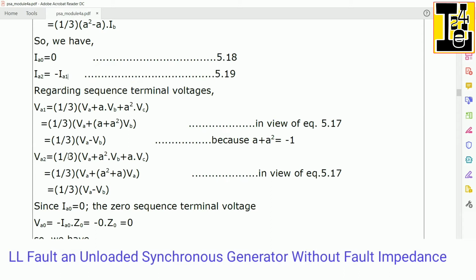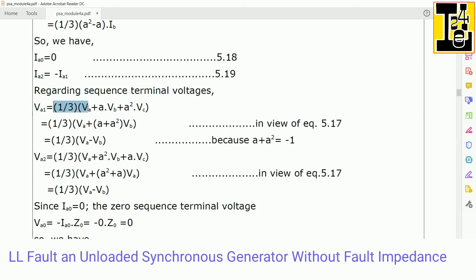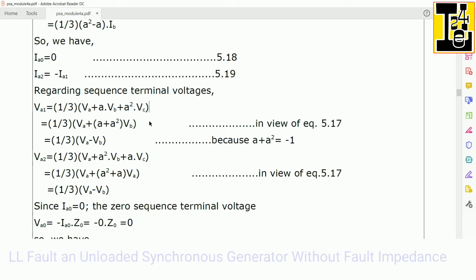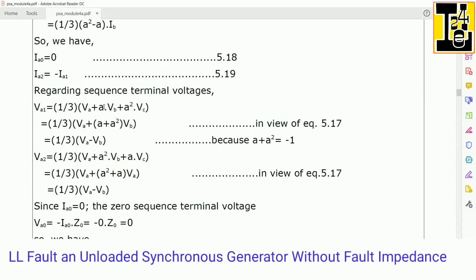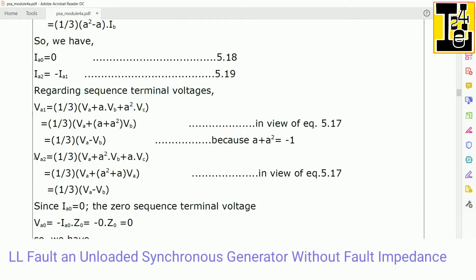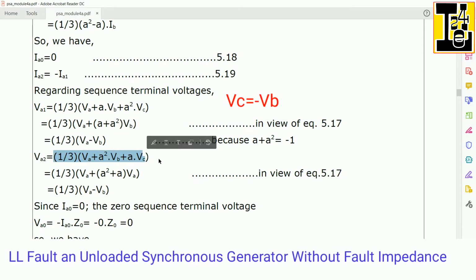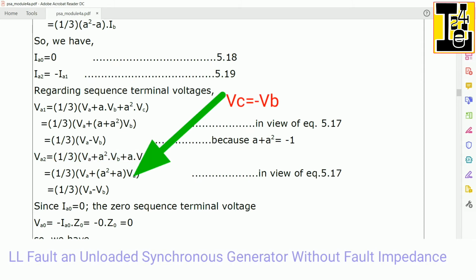Then the sequence terminal voltages, that is VA1 is equal to 1 by 3 into bracket VA plus A VB plus A square VC. We know that VB is equal to VC. Substituting VC as VB, we get VA1 is equal to 1 by 3 into bracket VA minus VB. We can write the negative sequence voltage VA2 is equal to 1 by 3 into bracket VA plus A square VB plus A VC, which is the standard equation.